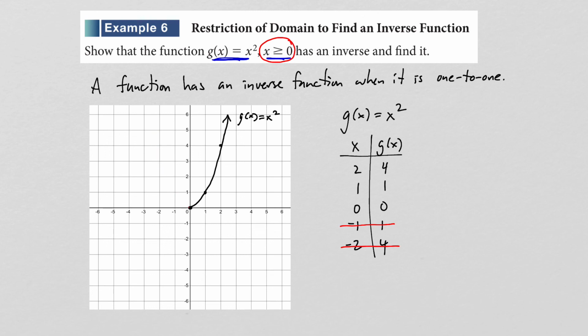And so now the graph just looks like this. This is the function g of x equals x squared when x is greater than or equal to 0. Now we do have a one-to-one function. So since this function is one-to-one, because every possible horizontal line only hits the graph one time, we know it now has an inverse.